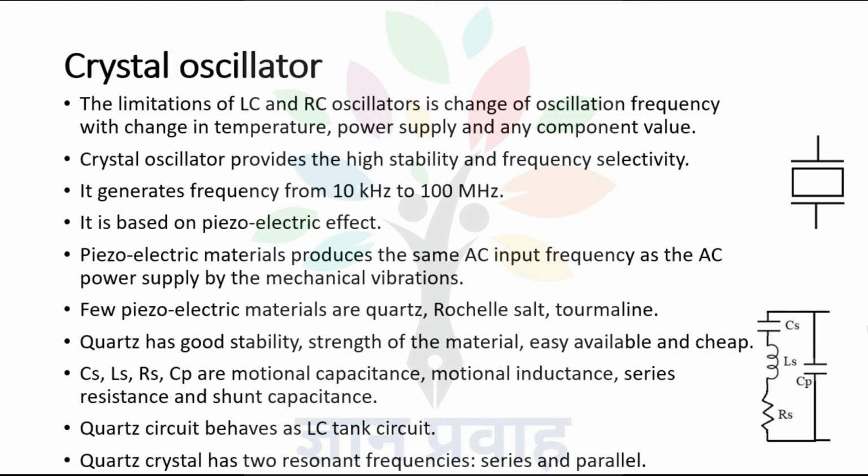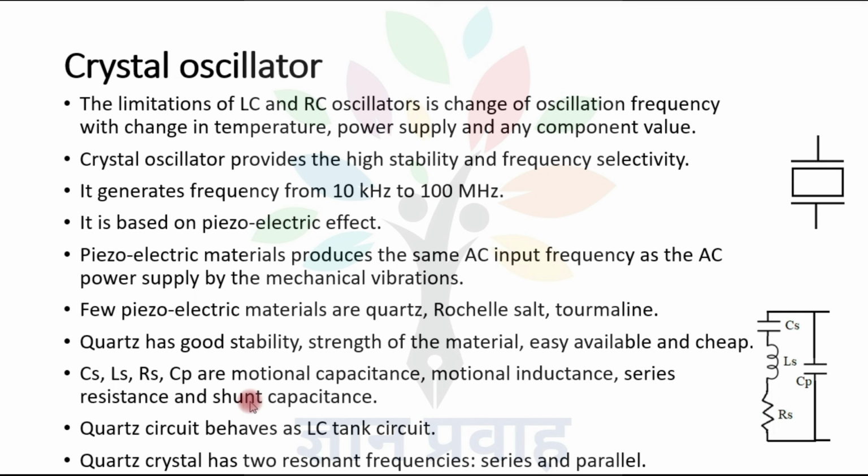The equivalent circuit for the crystal oscillator is given here. CS, LS, RS, CP. These are motional capacitance, motional inductance, series resistance and shunt capacitance. Normally in an oscillator, in place of the feedback circuit, we use a crystal.